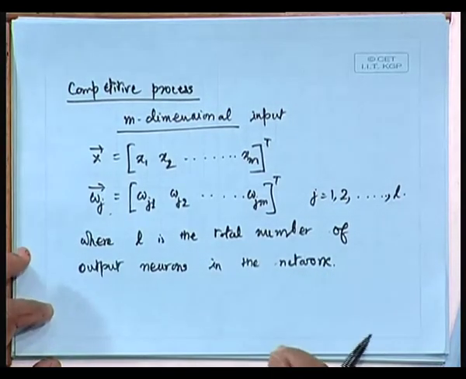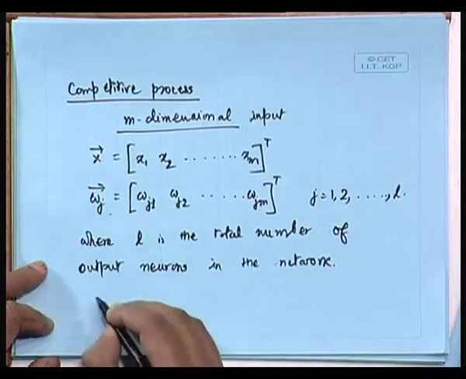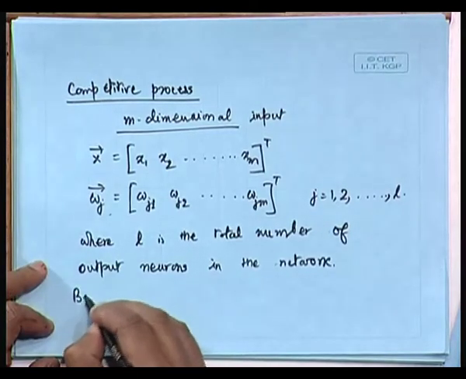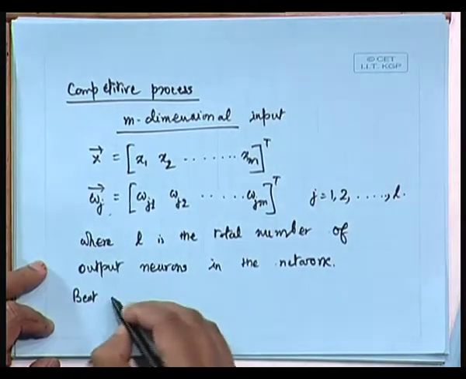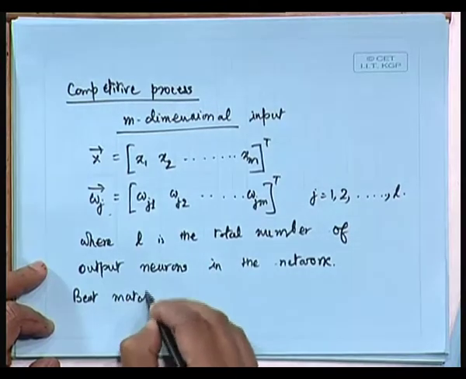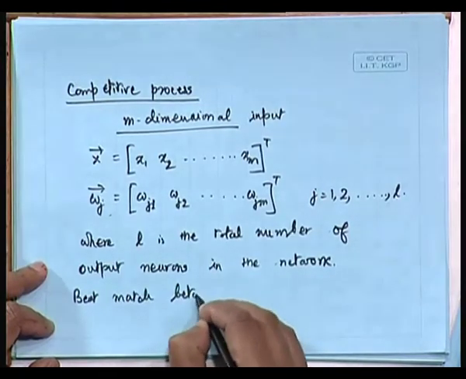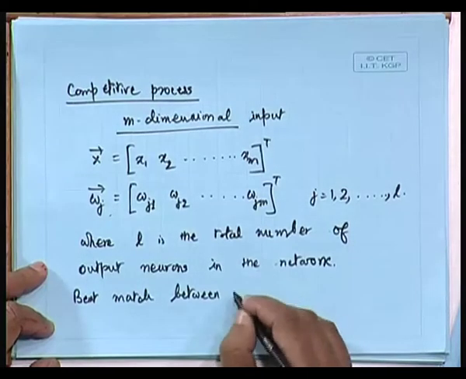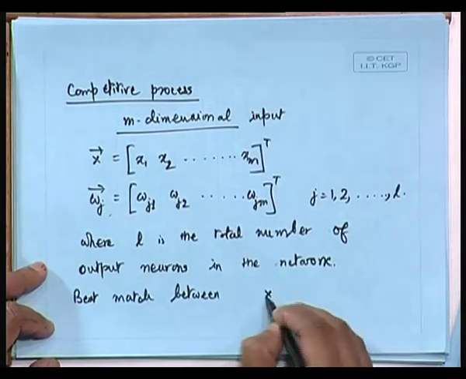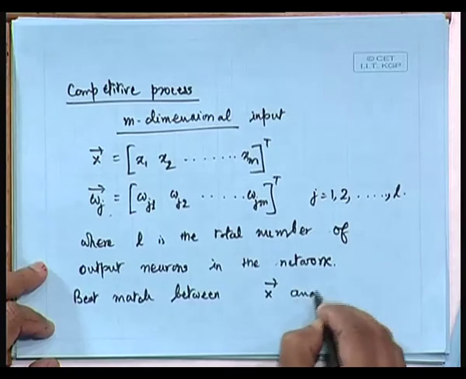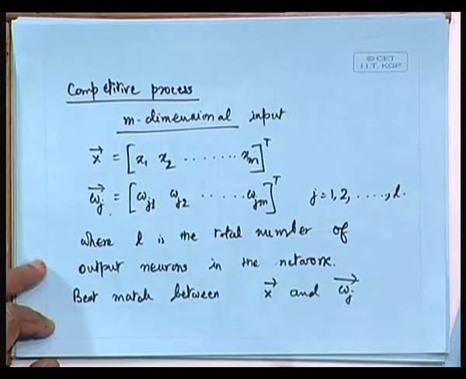Now, what we have to do is find the best match between x and Wj. That is what we want to determine.